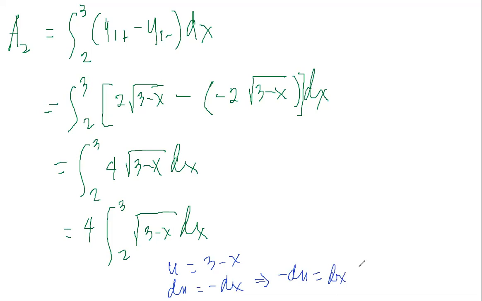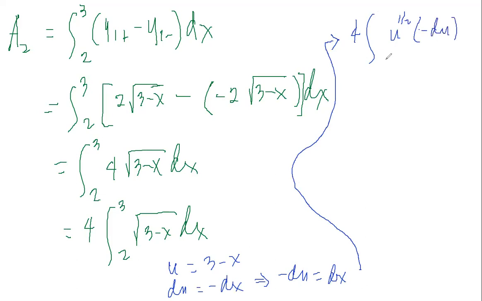Okay, so now let's continue here. So we have 4 integral of u raised to 1/2 times negative du from 2 to 3. Okay, what happened? Why did it become negative du? Because dx is equal to negative du. And since we express the given expression in u, therefore, the integral with respect to x should be with respect to u as well.